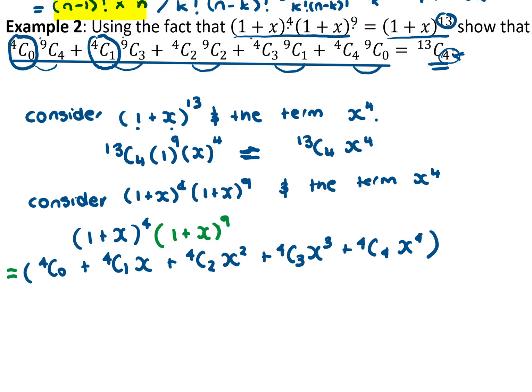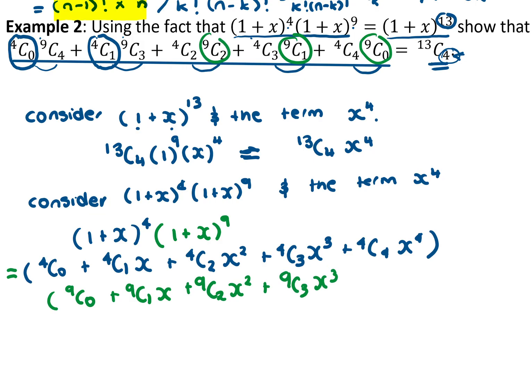Expanding that, I go 9C0, and 9C1 x to the 1, 9C2 x squared, 9C3 x cubed, 9C4 x to the 4, and that would continue all the way up to 9C9 x to the 9.